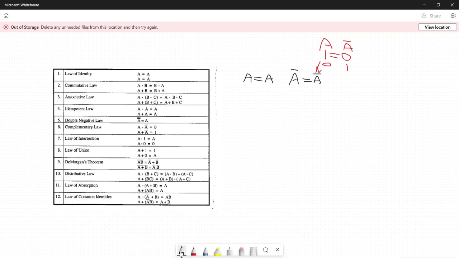Then the next law are the commutative laws, basically saying A times B is equal to B times A, and then A plus B is equal to B plus A. This is very simple stuff.